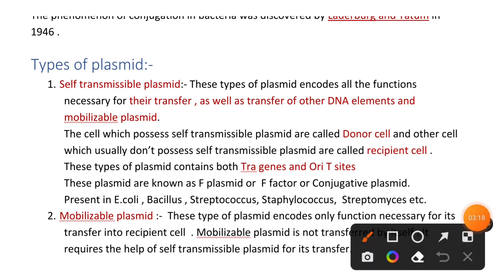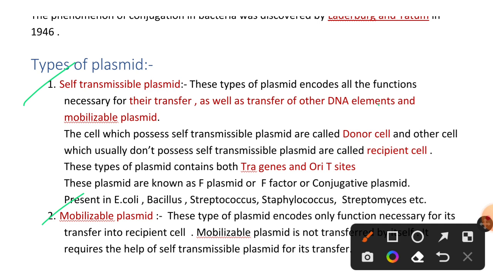There are two types of plasmid we will talk about here: the self-transmissible plasmid and the mobilizable plasmid. So what are self-transmissible plasmids? First thing is that a plasmid is nothing but DNA, right? They are extrachromosomal DNA. Self-transmissible plasmids have all the genes necessary for their transfer.